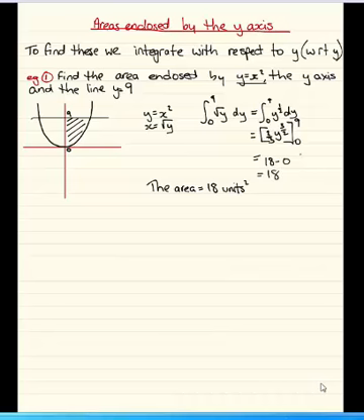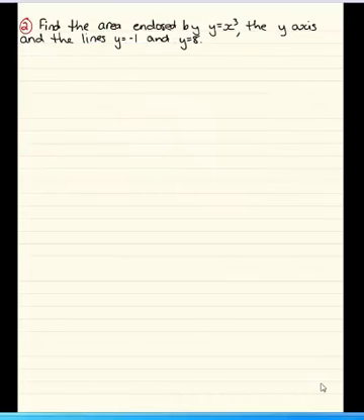Okay, so we'll have a look at another example. We want to know the area enclosed by y is equal to x cubed, the y-axis, and the lines y is equal to -1 and y is equal to 8. So again, first step is to draw a graph. You want to know what it is you're doing. So y is equal to x cubed looks like that, or sort of like that.